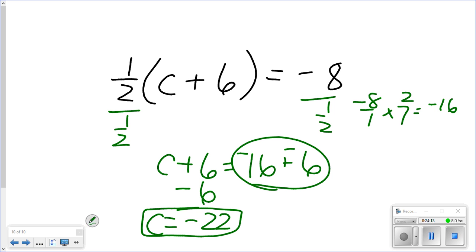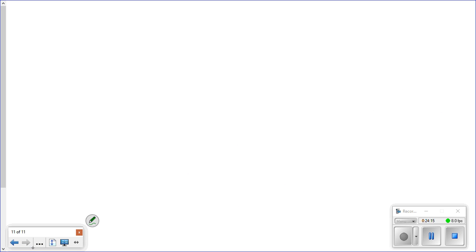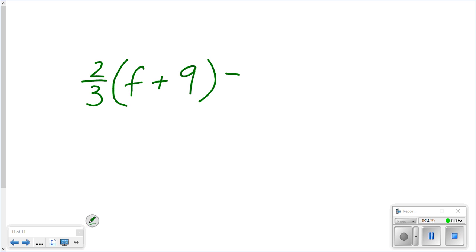I'll do another one. I'll make it up. I'll try to make it easy numbers to work with. Let's do 2/3 times parentheses, I don't know, f plus 9, and the parentheses equals 12. No negatives, we'll leave them out this way.